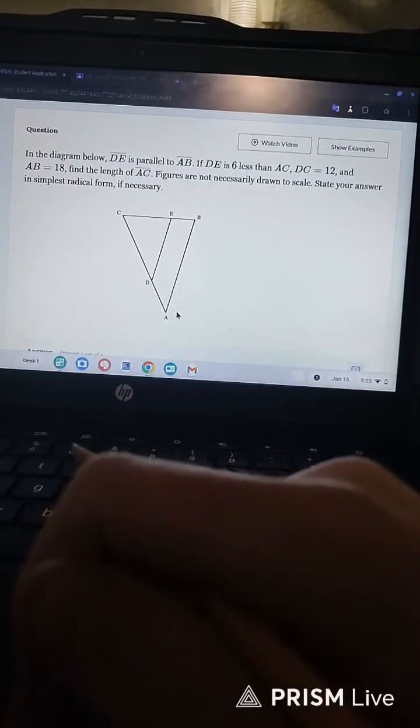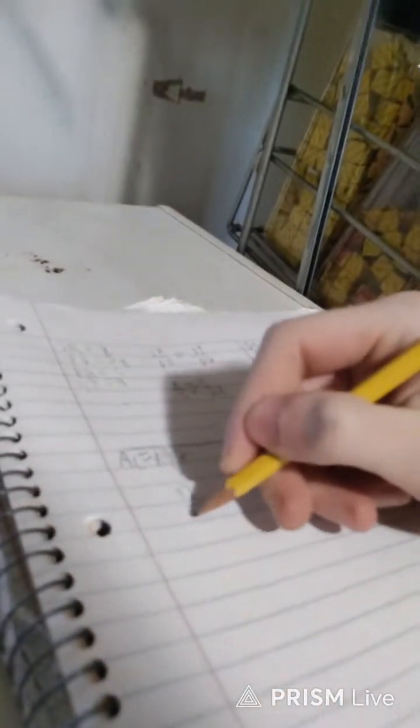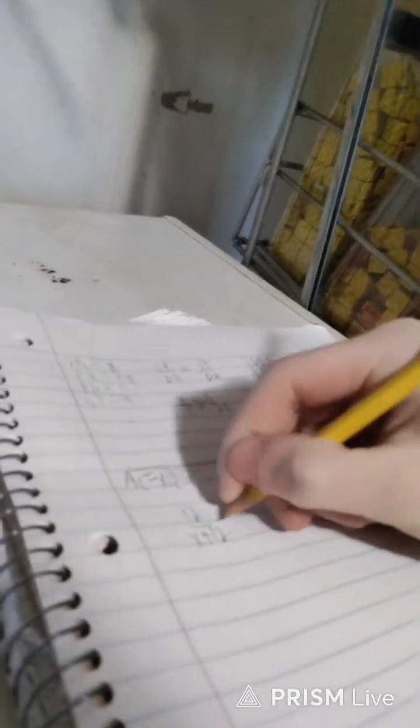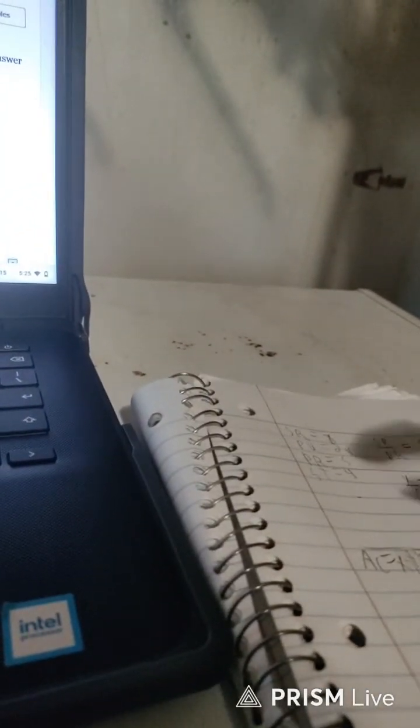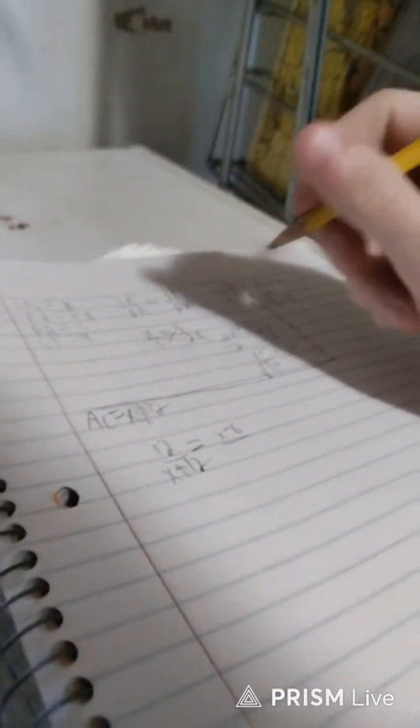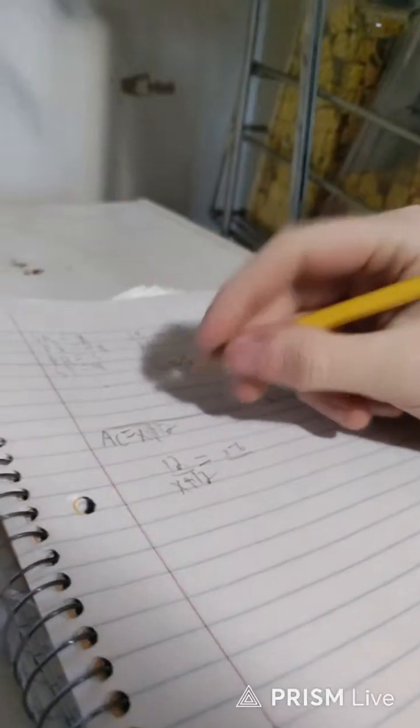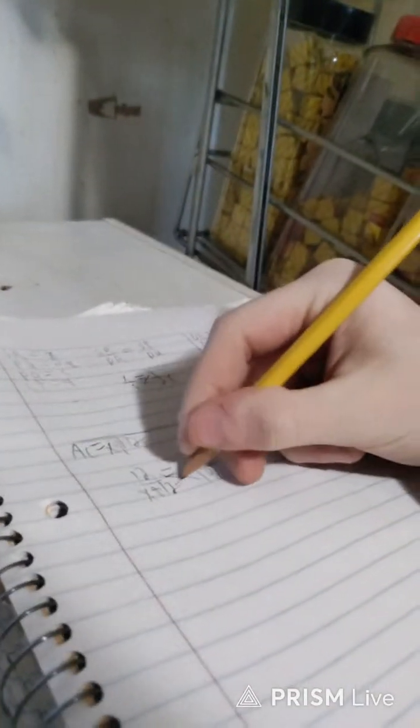So DC over AC, that's 12 over x plus 12, is equal to ST over PQ. So it's just DE. DE is x minus 6 over AB, 18 over 18.